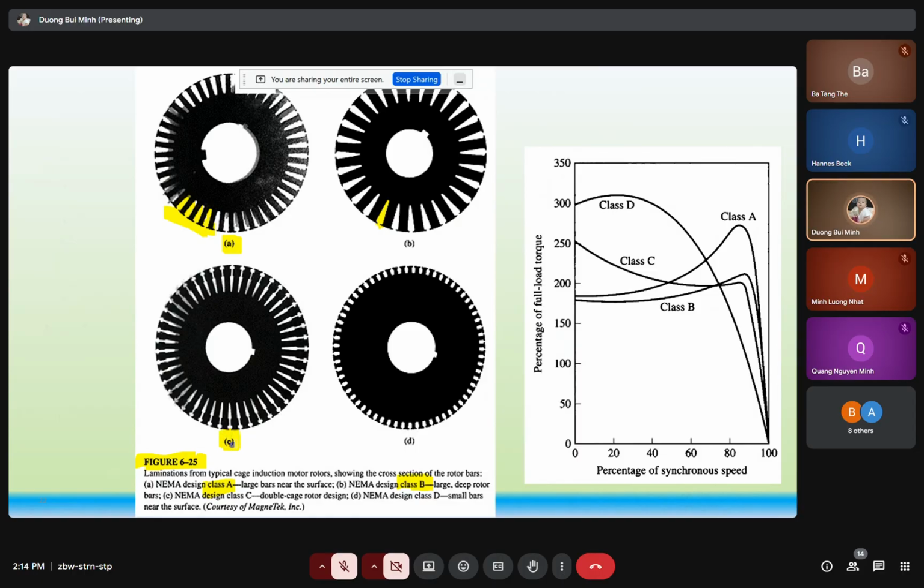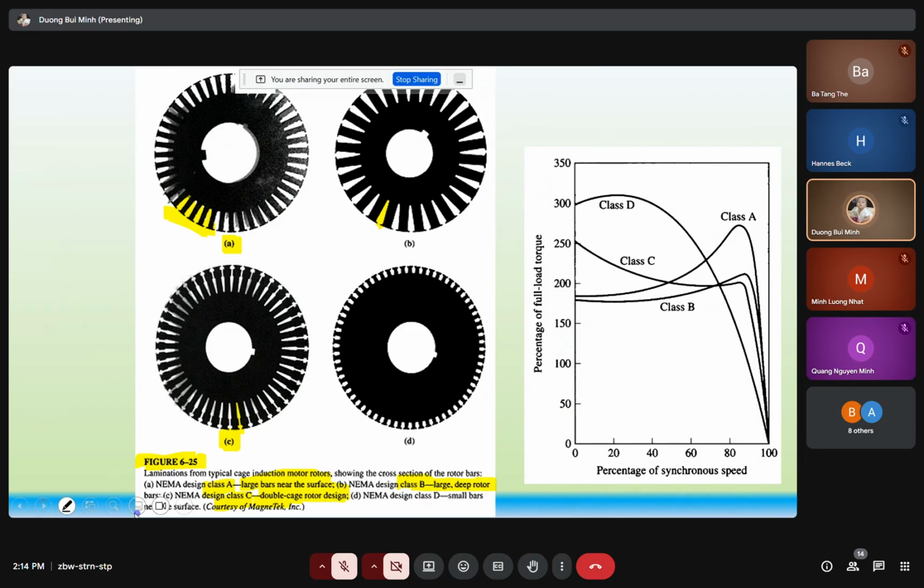Class C is near your deep rotor bar. For class C, you can see this is a double cage rotor design. Why? Because here we have the first stage of the conduction bar, and we have the second stage.